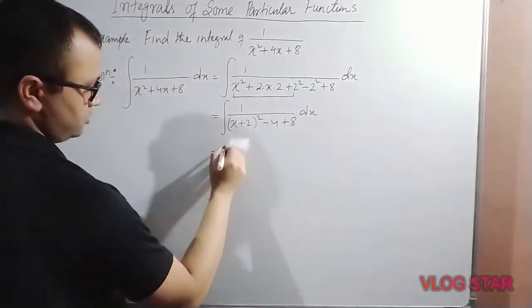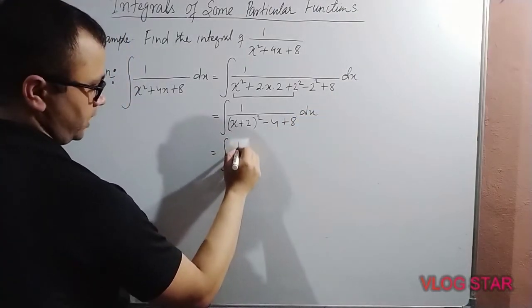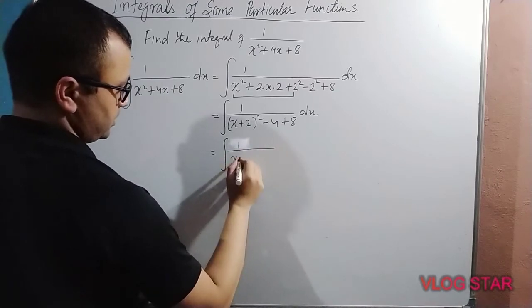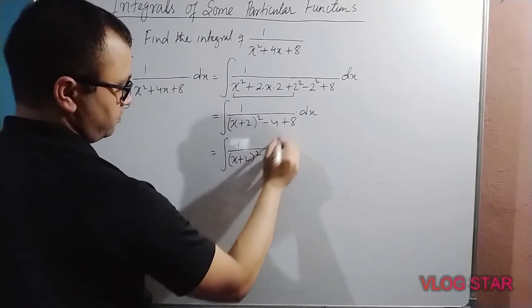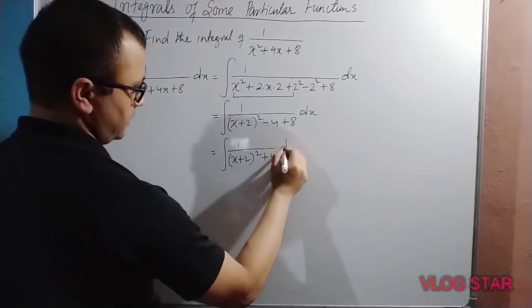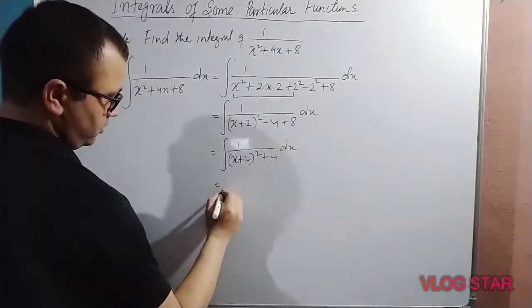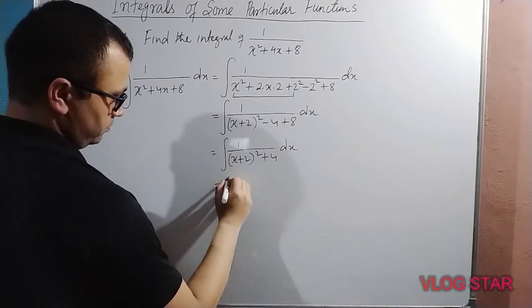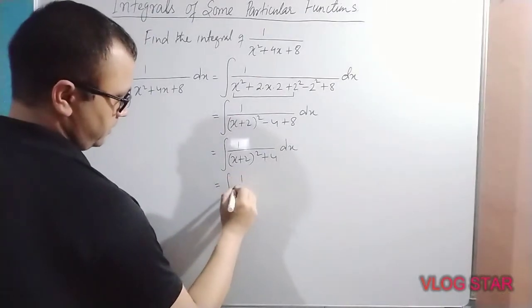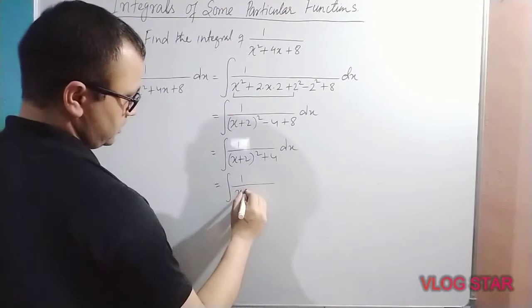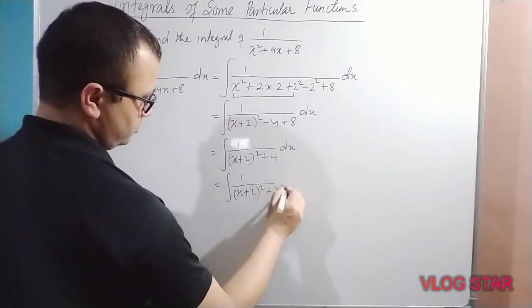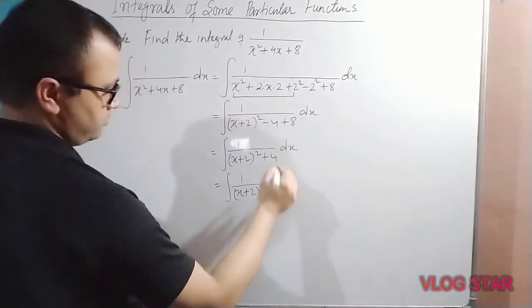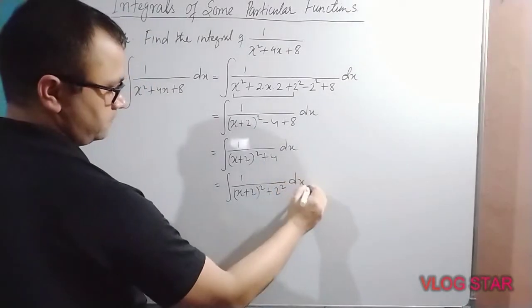So this equals integration of 1 by x plus 2 whole square, minus 4 plus 8 is plus 4, dx. So this equals integration of 1 by x plus 2 whole square plus 2 square, because the square of 2 is 4, dx.